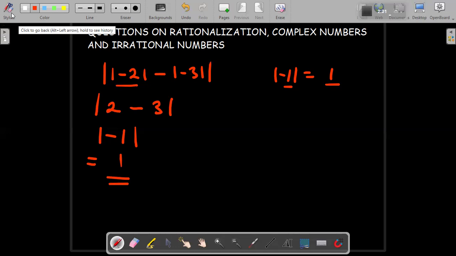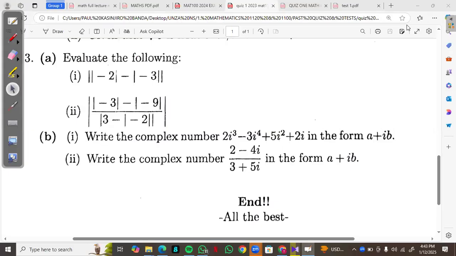The following question is in that manner, where we have the big modulus, 3 minus 9 closed over 3, then minus modulus 2. So how are we going to do this question?